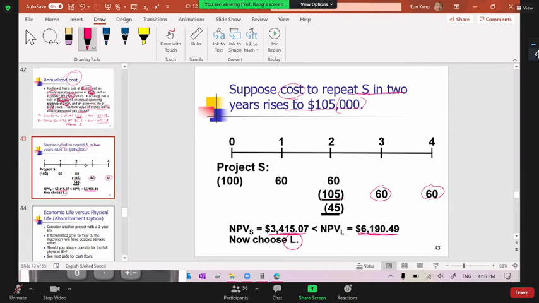So actually in real life, the use of the equivalent annual annuity approach is limited, because it assumes the same condition forever, but that's not real life, right? So when you use the equivalent annual approach or annualized cost, you have to be careful.